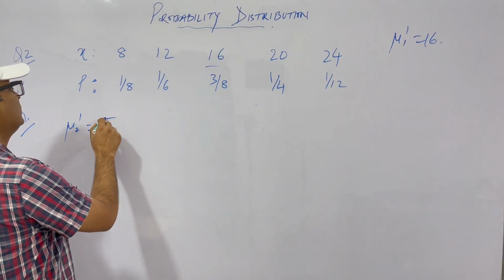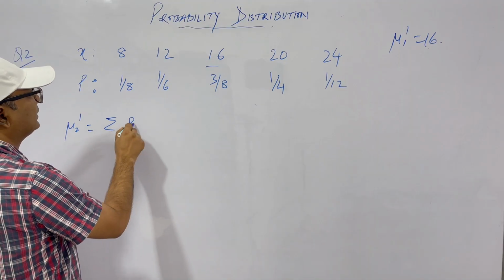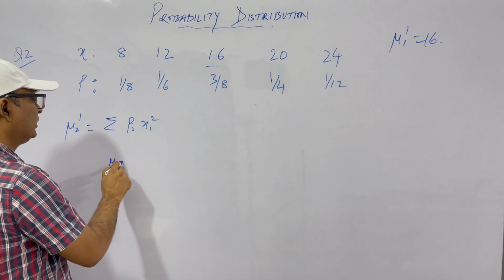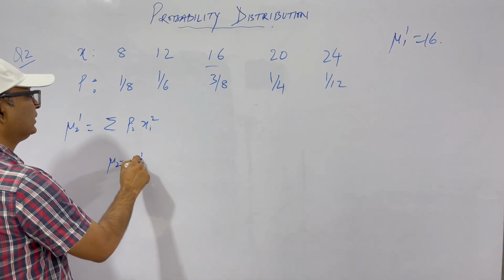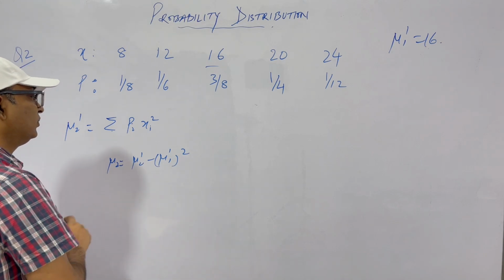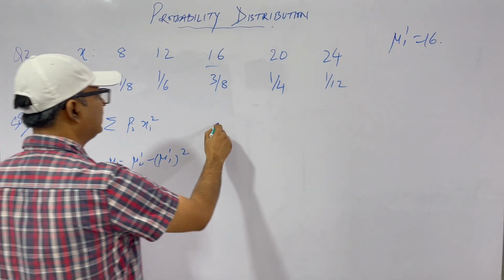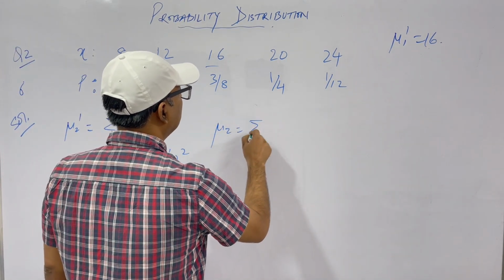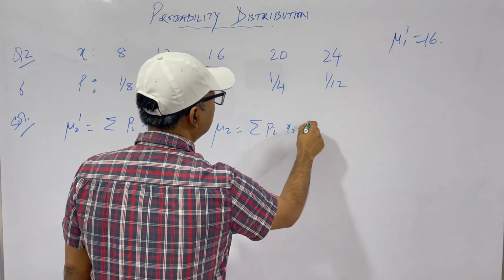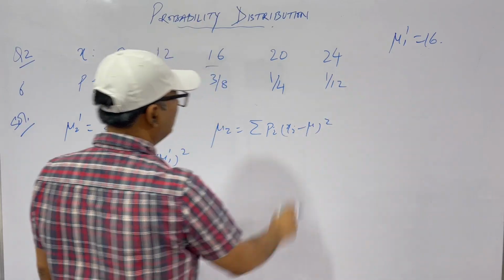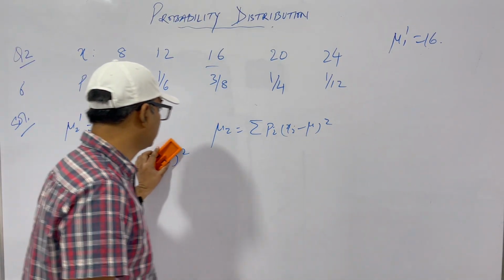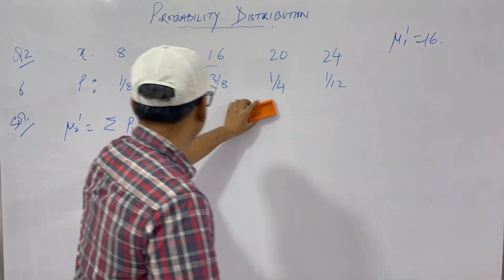First of all, I'll take PiXi square, then mu2 will be mu2 dash minus mu1 dash square. Or I can directly take mu2 also. How? Because we have our mean: sigma Pi into Xi minus mean, squared. And we'll see if we are correct or not. Let's first go by this method.